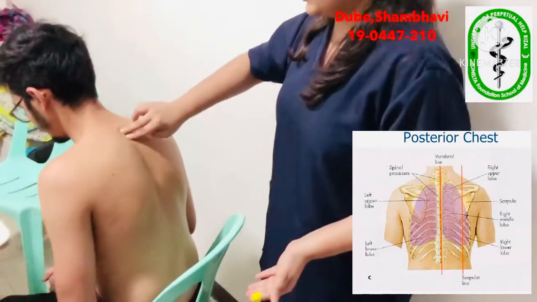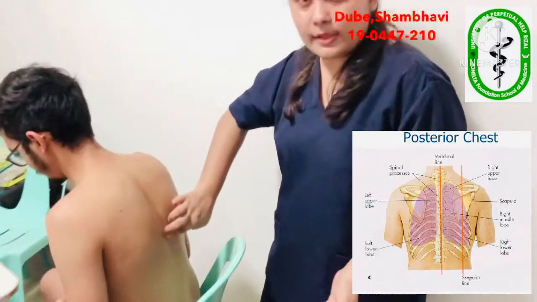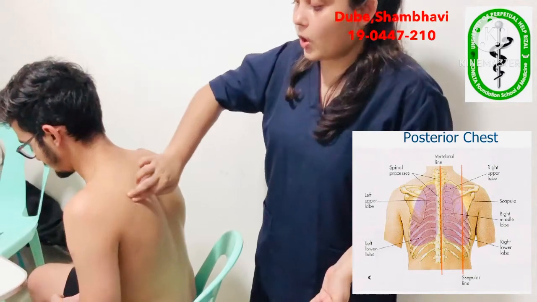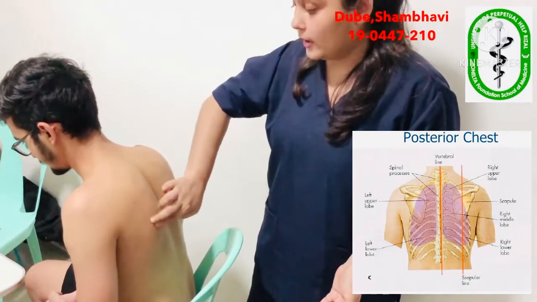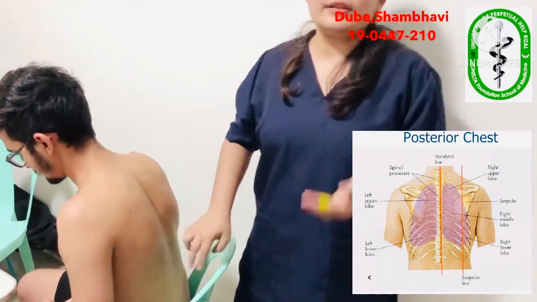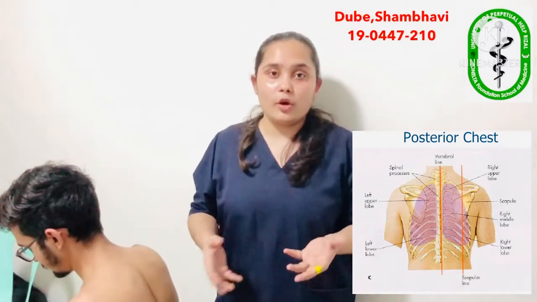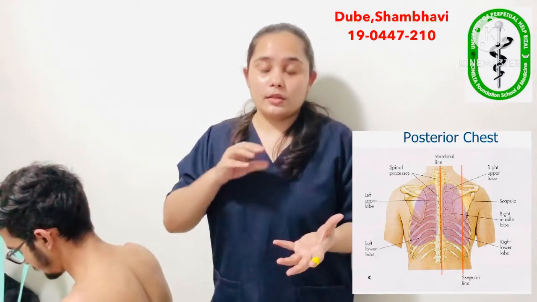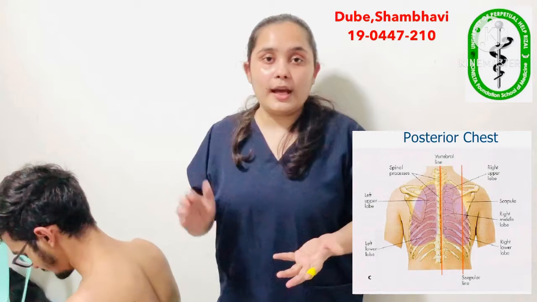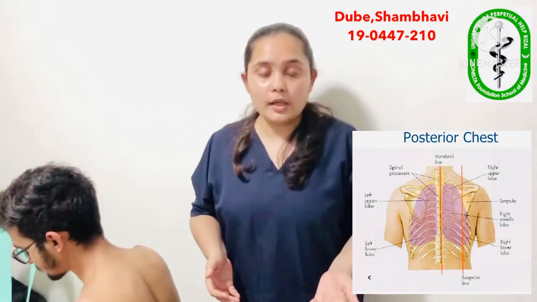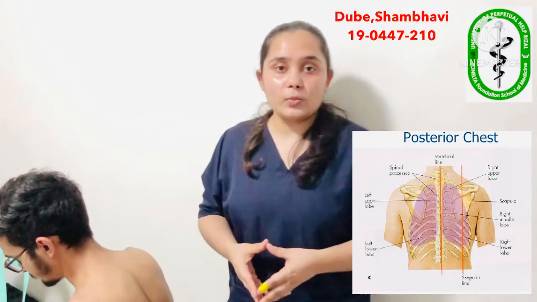This is the midline, called the vertebral line, whereas here it is called the mid scapular line. Remember that the inferior angle of the scapula lies at the 7th vertebra. Now I'll start with my examination.